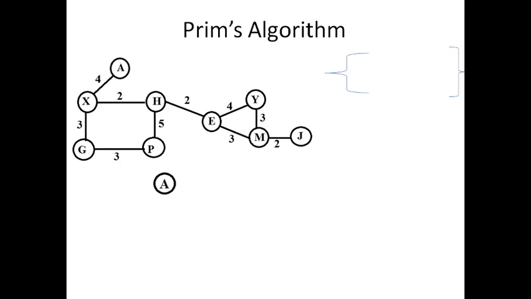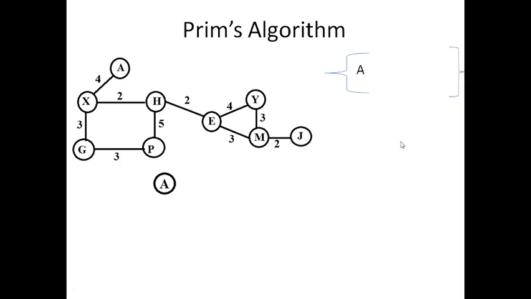Next, we have to choose an adjacent vertex from A which has the lowest weight. But for A there is only one choice available, which is A to X. So we just have to include it.